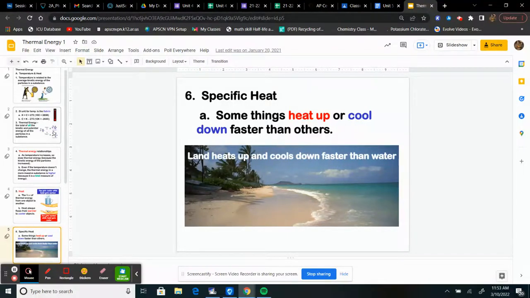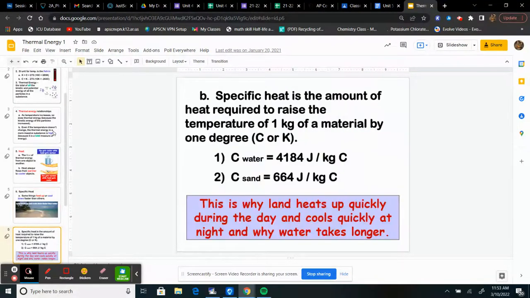I'm sure by now you have realized that certain objects don't heat up as quickly as others. You have aluminum, brass, iron, all of these different elements or compounds that do not hold the same amount of energy. Some metals will begin to melt at lower temperatures. And that's where specific heat comes into play.